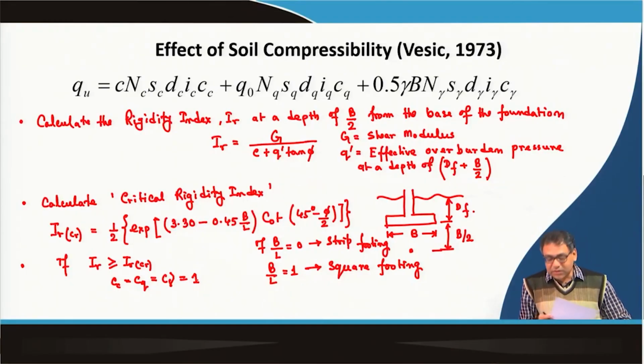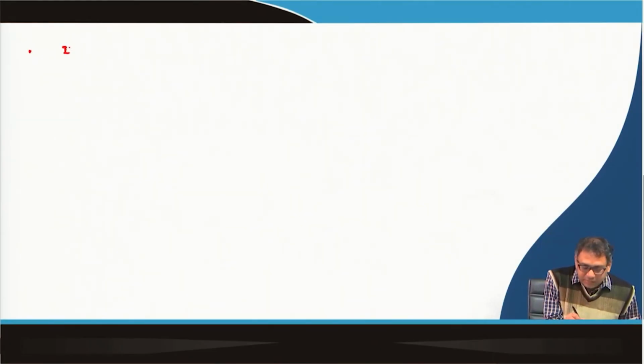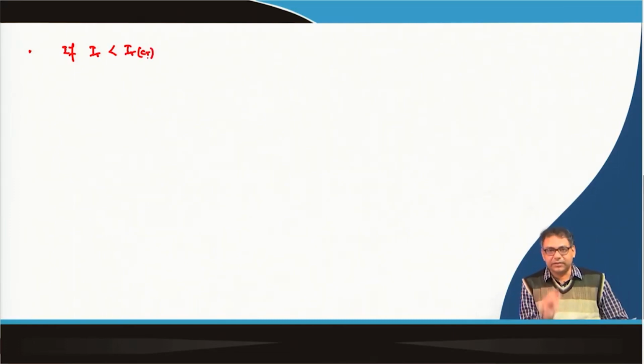But if your IR is less than IR critical, then we have to apply the corrections, because it may be local shear failure or something in between.